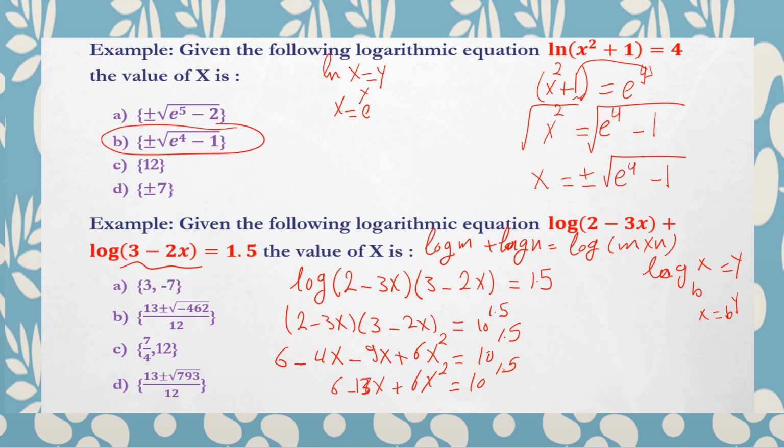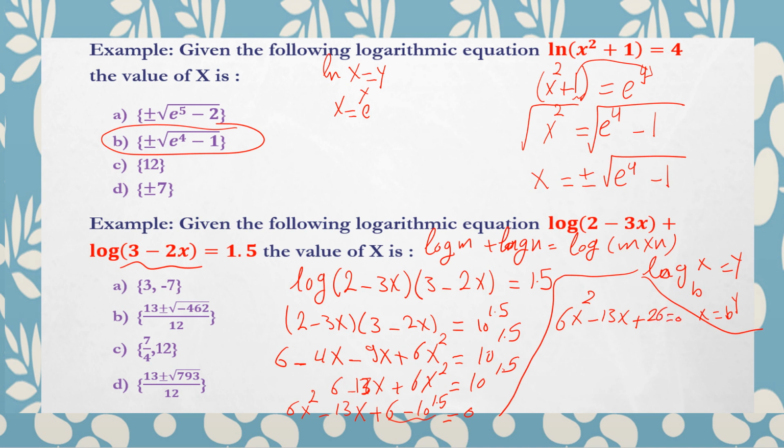And this can be rewritten as 6x squared minus 13x plus 6 minus 10 power 1.5, and this quantity approximately equals 26. So we can say that 6x squared minus 13x plus 26 equals 0.